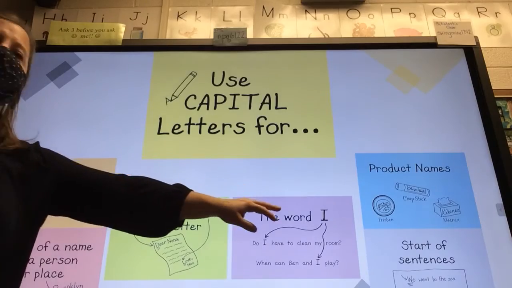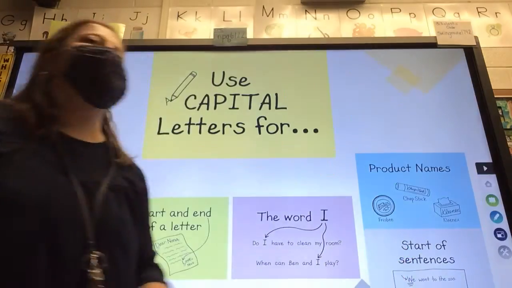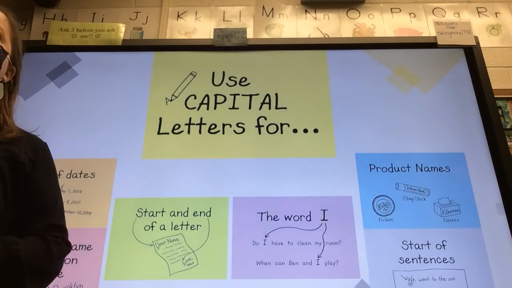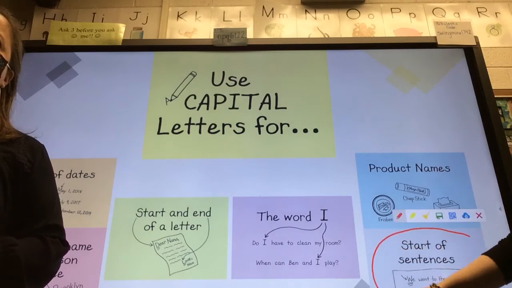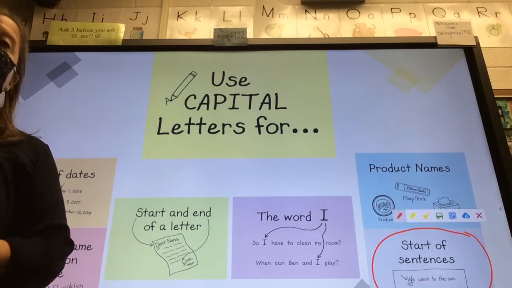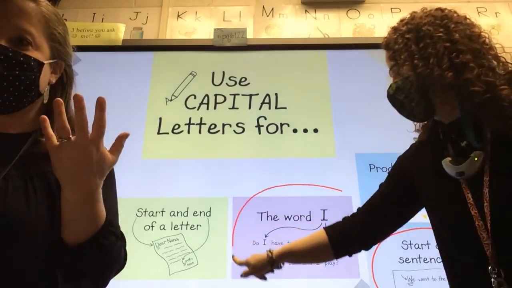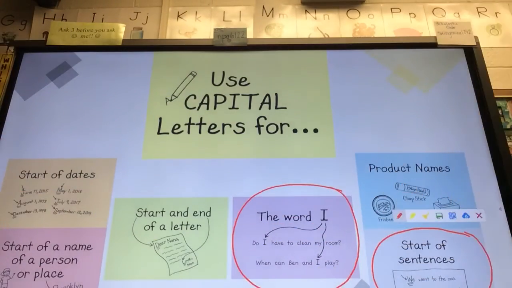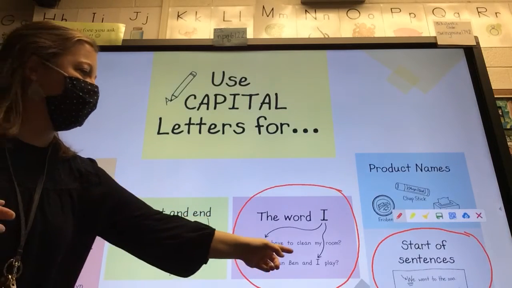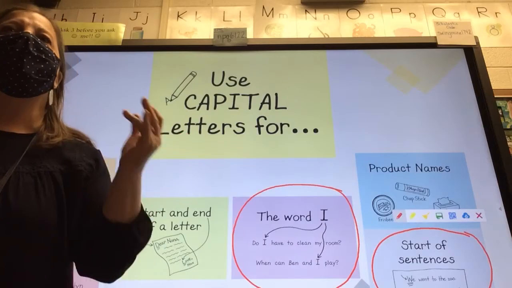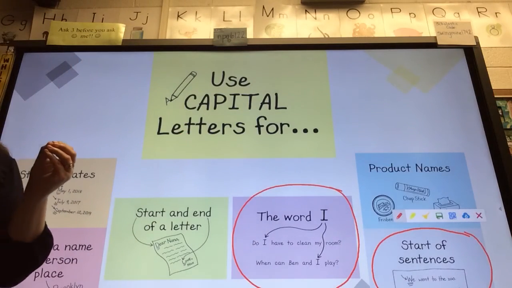Okay, we just said that, remember? Right here, beginning of a sentence. Tell me a different time. When the letter is I. Yes, you remember that the other day. The letter I has to be capital, whether it's at the beginning of a sentence, in the middle of a sentence, or the end of the sentence. We always capitalize the letter I.